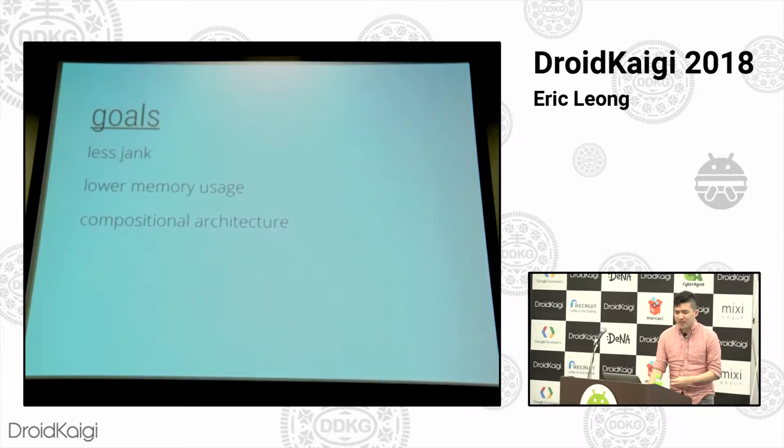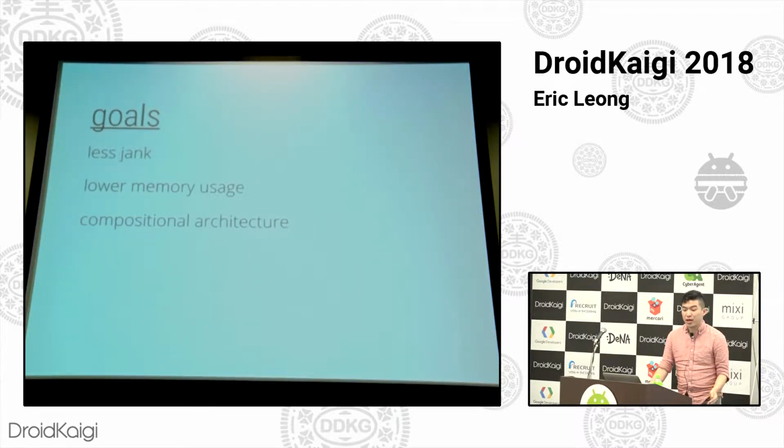So beyond just making it fast, what does fast really mean? Well, fast for us meant less jank. Maybe Chet or Main is talking about this right now, but basically you want to render your frame in under 16.66 milliseconds, or just 16 milliseconds, so that you hit 60 FPS. Otherwise, if you're not hitting 60 FPS, I don't think anyone would call your app or scroll performance fast. Also important for us was to lower our memory usage.